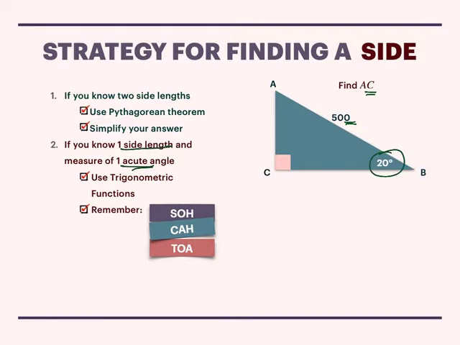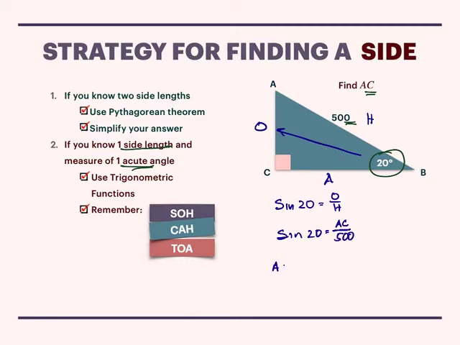We're going to settle on the angle we know. I'm trying to find the opposite side. And so I'm going to use sine of 20. It's going to be opposite over hypotenuse. So sine of 20 equals the opposite, which I don't know, that's my AC, over the hypotenuse, which is 500.